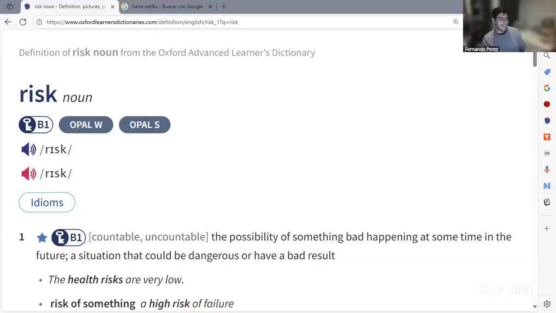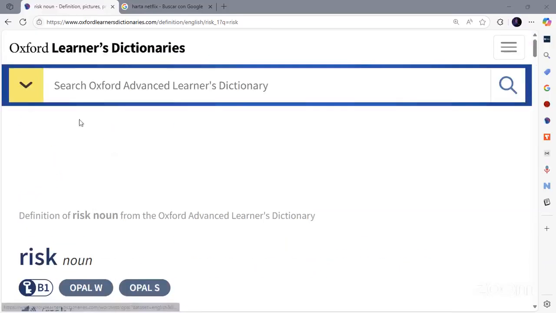Perfect. Excellent. That was much better. It's the same example reformulated. Good job.